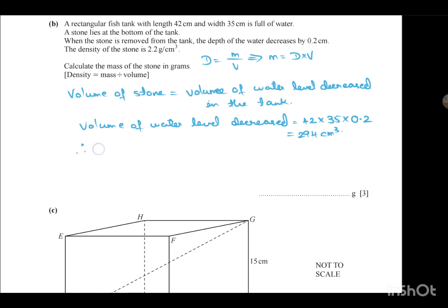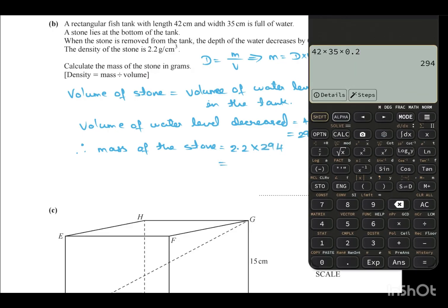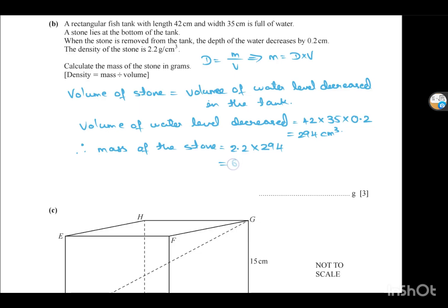So therefore mass of the stone is equal to density of the stone, which is 2.2, multiplied by volume of the stone, which is 294 into 2.2. 646.8 grams. Question number B is done.